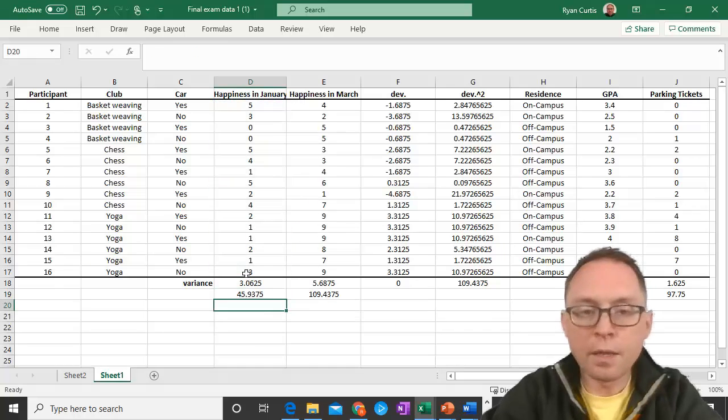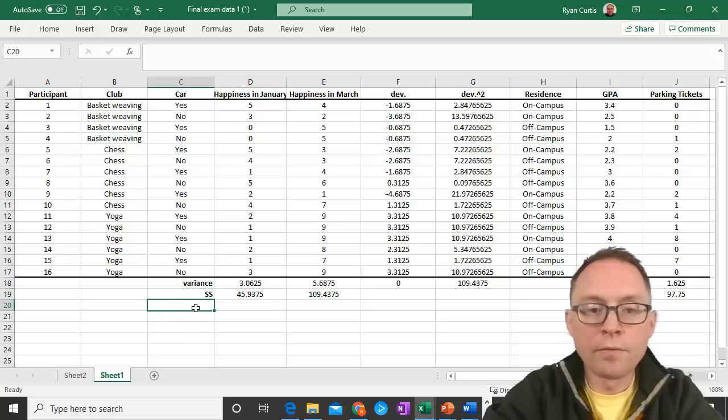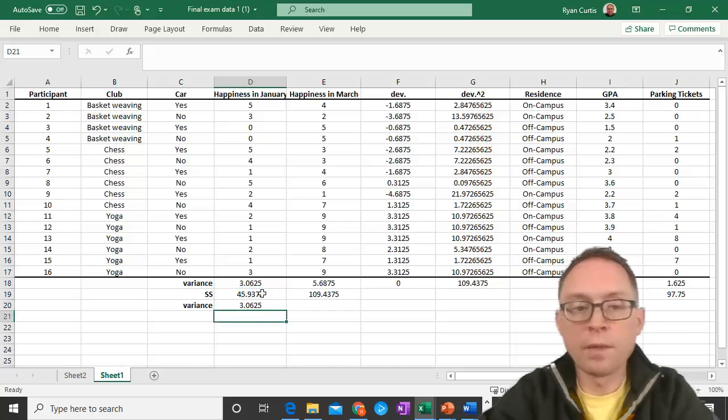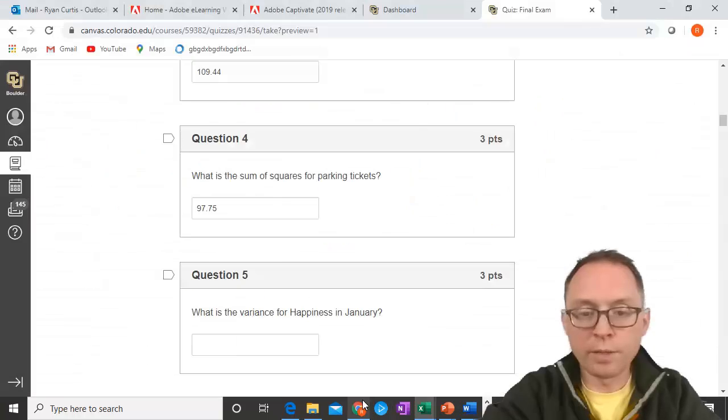And then this will be the sum of squares, and then the variance is this divided by n minus 1. So equals this divided by n minus 1. N is 16, so n minus 1 is 15. And we get 3.0625. It's the same thing. 3.06 is what we're going to put in.